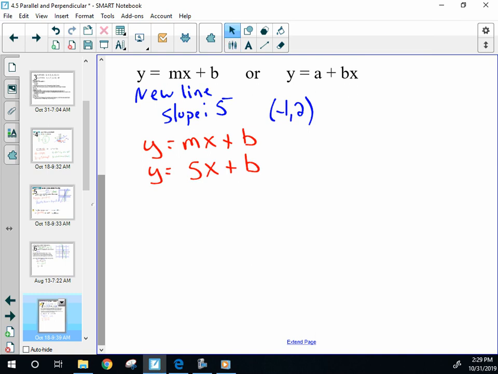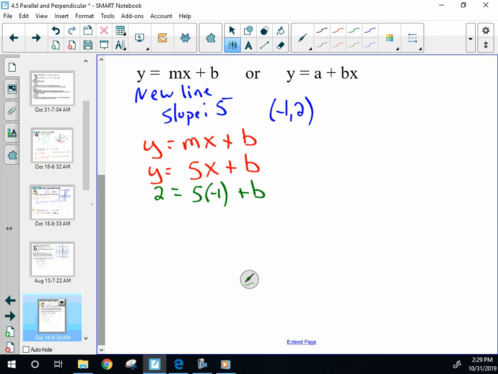Remember in the previous slide, we said that if a point was on the line, it had to satisfy the equation. So I'm going to plug that point in for x and y: -1 for x, 2 for y. I'm going to find the value of b that's going to make the left side of the equation equal the right side.